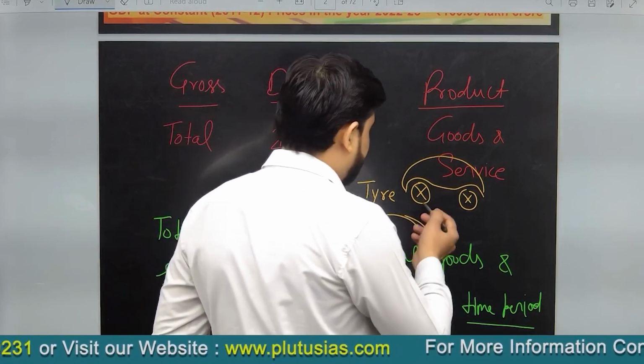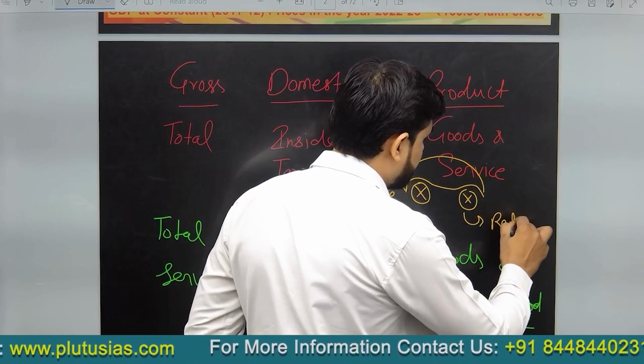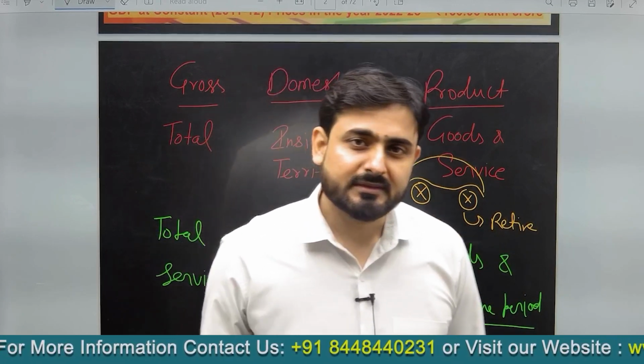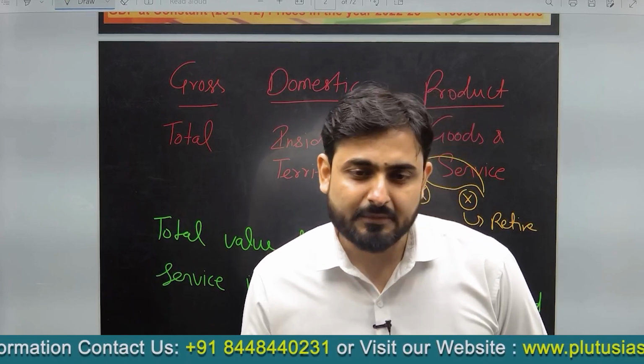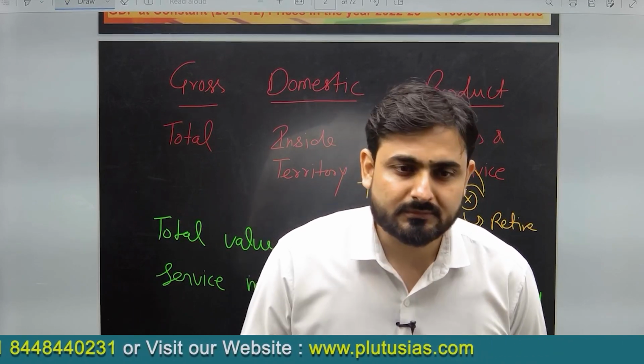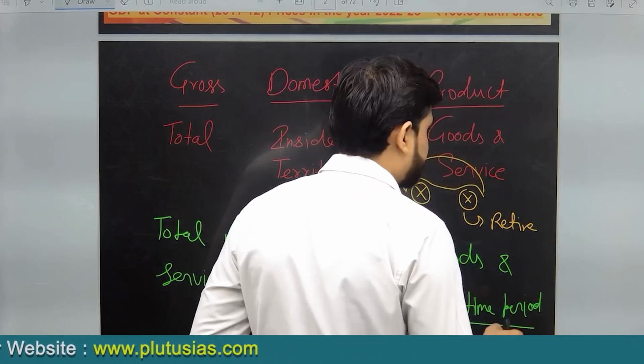Suppose that the tire gets punctured or retired after some time period and needs to be replaced, then the tire will work as a final good. We will include later on the value of the replaced tire.